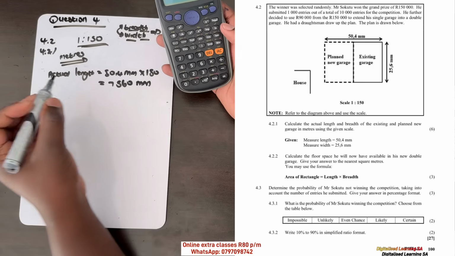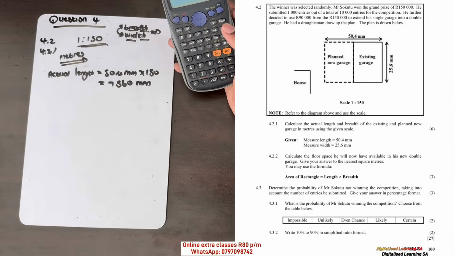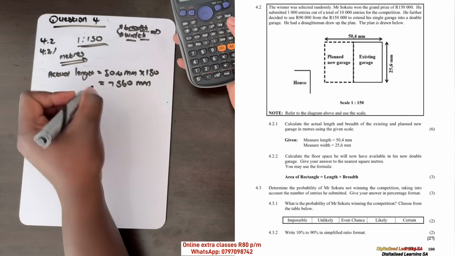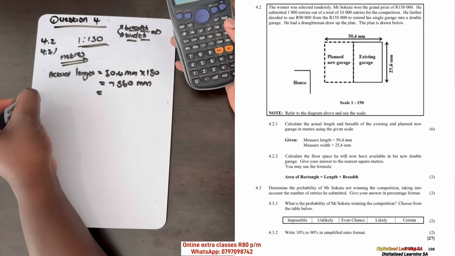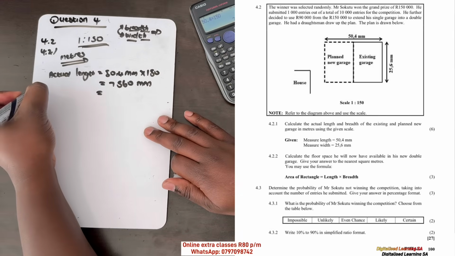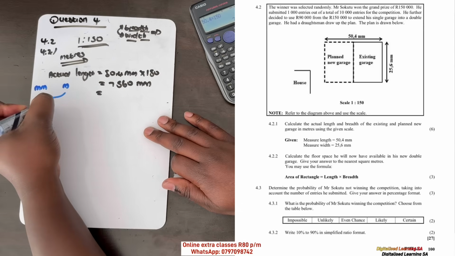millimeters. Again, we are told to give our answers in meters, and now we need to convert from millimeters to meters. If we are converting from millimeters to meters, we divide by 1000.